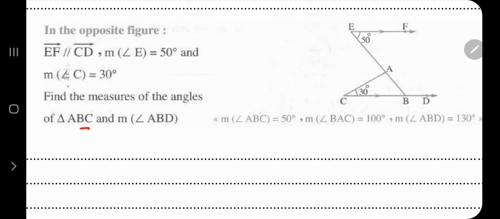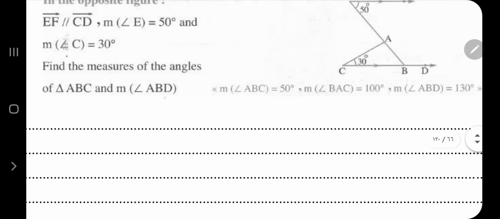Find the measures of the angle ABC and the measure of angle ABD.